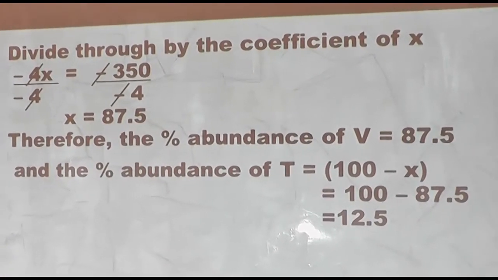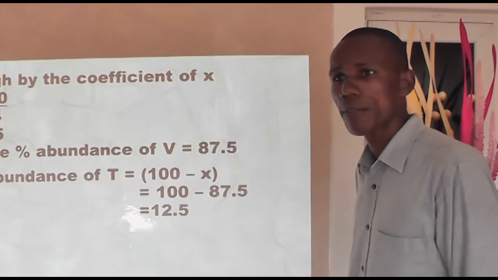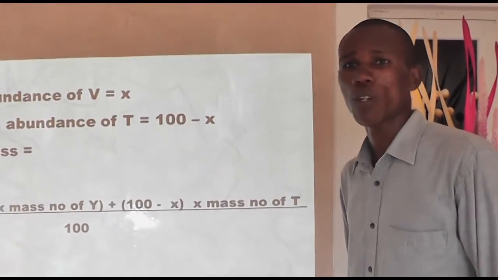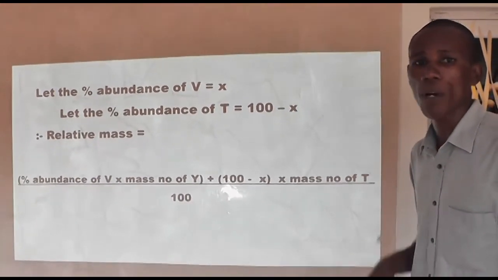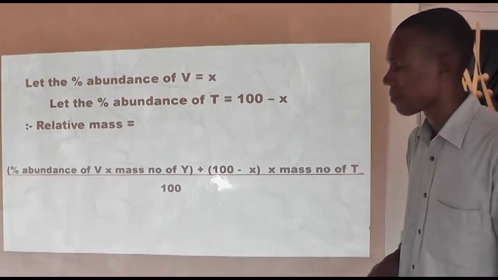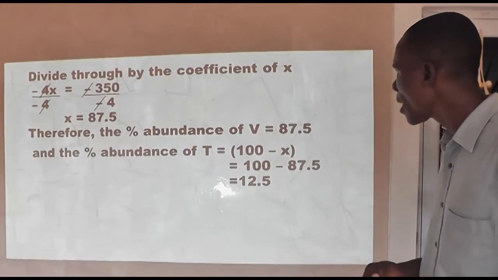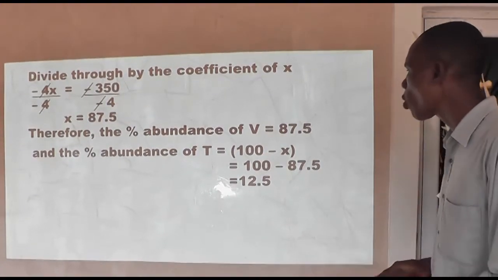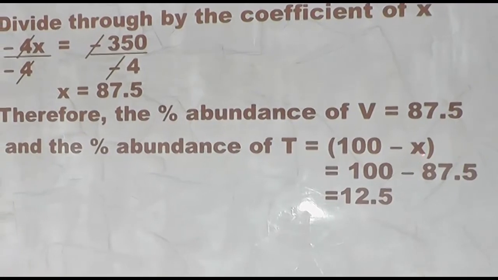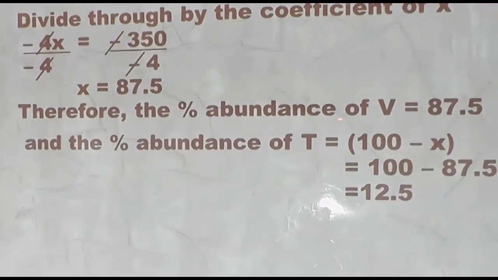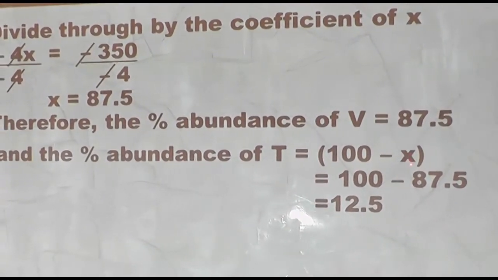Therefore, let us quickly cast our mind back to the percentage abundance of T. We said we don't know the percentage abundance of T. And we said once we know x, the percentage abundance of T becomes 100 minus x. Therefore, the percentage abundance of T, which we represent as 100 minus x, and now that we know the value of x, substitute the value of x, 87.5, wherever you see x.